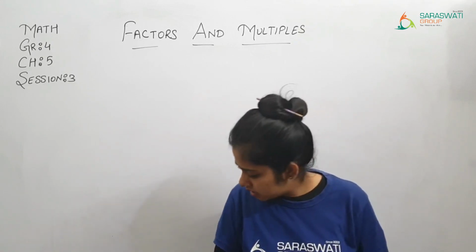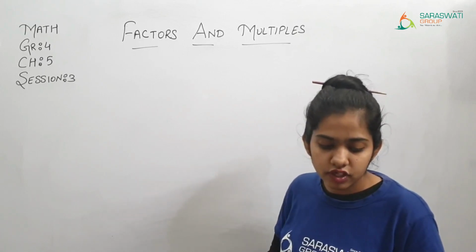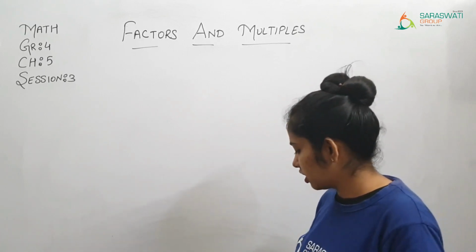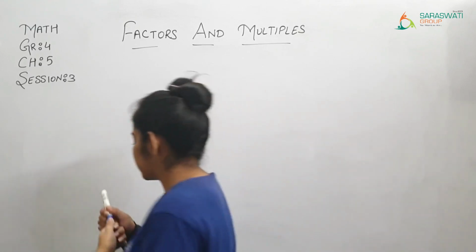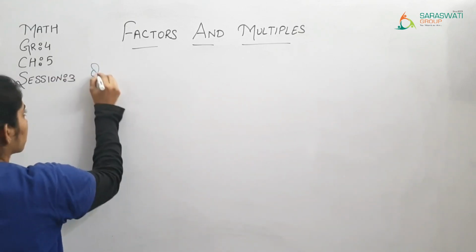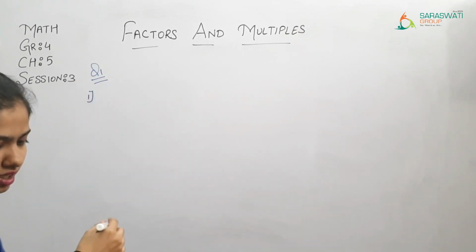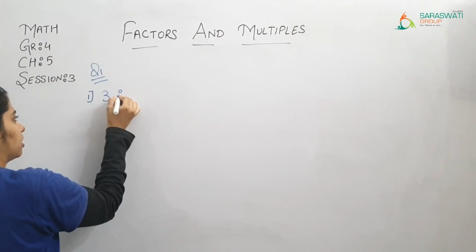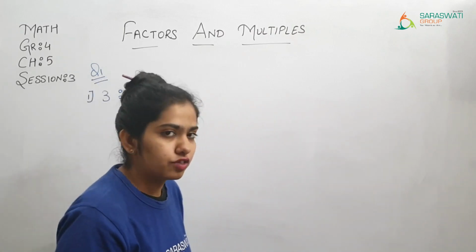Now let us see question number 1. In that, find the first 8 multiples of the following. So you are supposed to find out the first 8 multiples. Question 1. In that first one is 3. So you are supposed to find out the 8 multiples of 3.